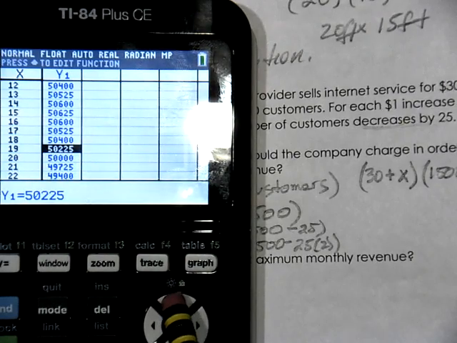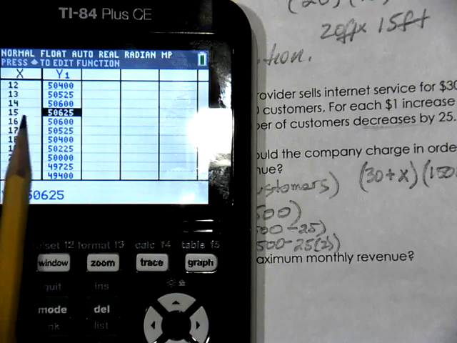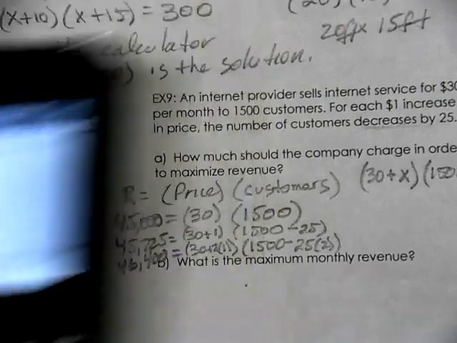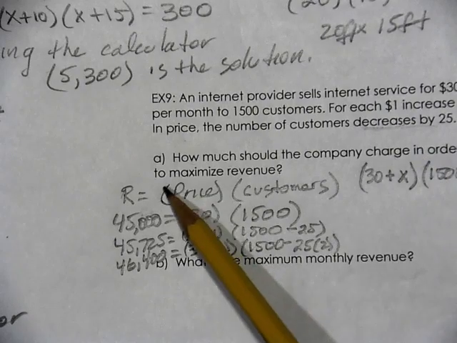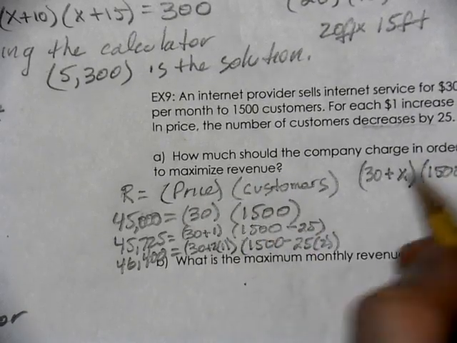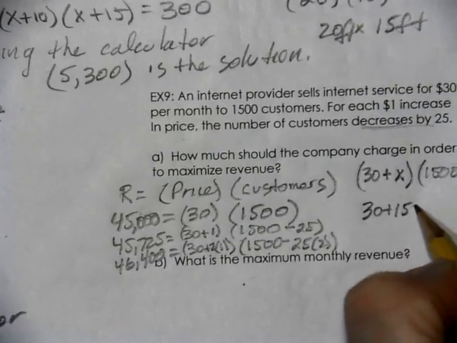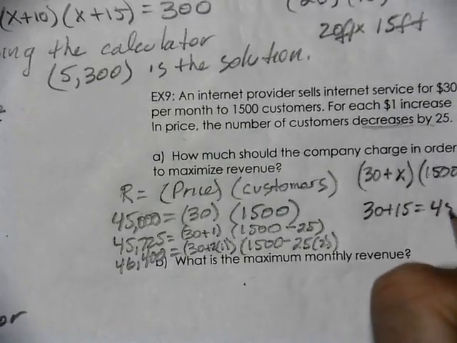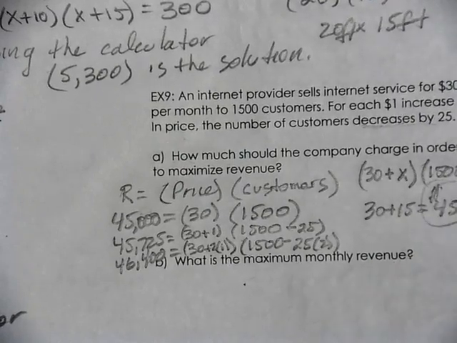So the highest number that we got to was 50,625, and that was at 15 when we changed the number by 15. How much should the company charge in order to maximize revenue? We're going to add $15, so that's $45 is what we should charge.